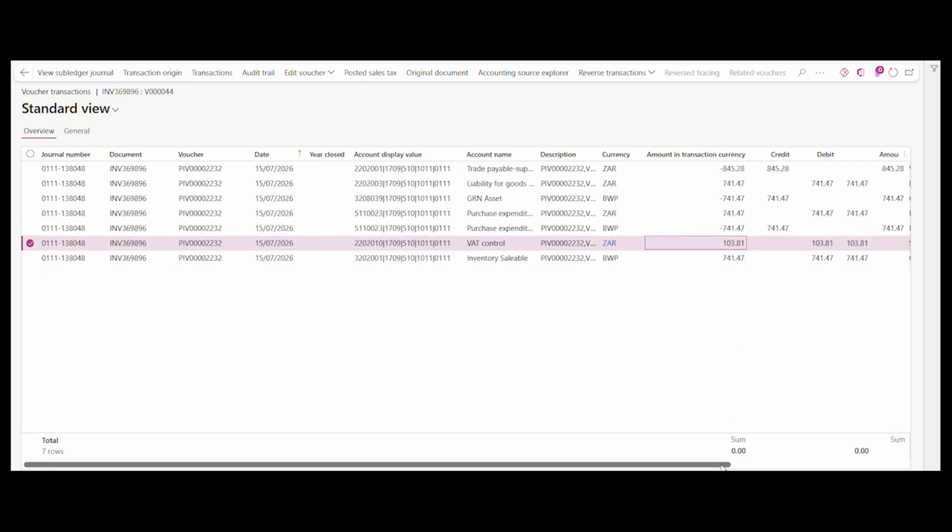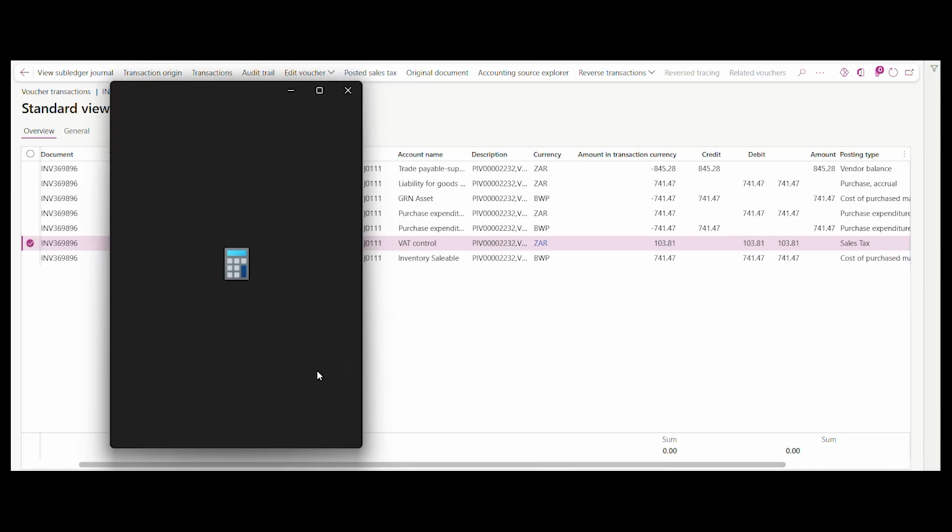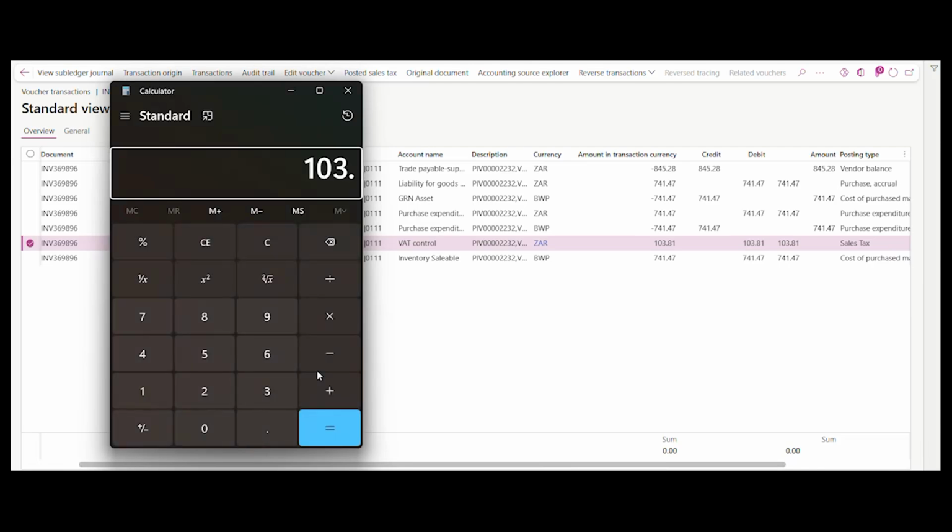That means, as we are having 1 as the conversion rate. Now the rate we have mentioned is 1.2. So 103.81 ZAR value divided by 1.2, 86.508 should be the actual input VAT.